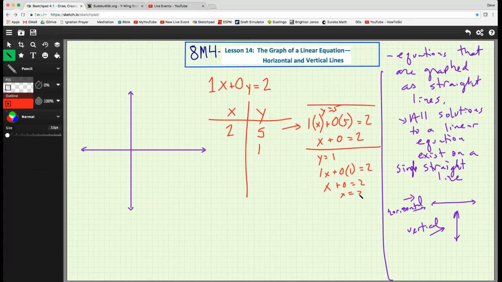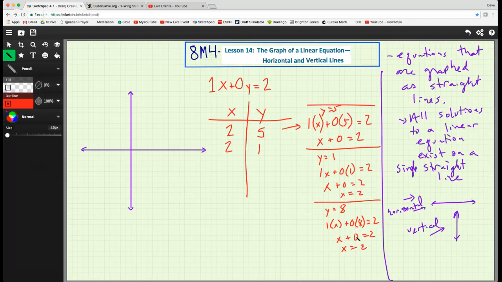Well, x equals 2. Well, what if y equals 10? Or let's do 8, just because it'll fit nicely on our graph. Well, 1 times x plus 0 times 8, which is our y, equals 2. So x plus 0 equals 2.